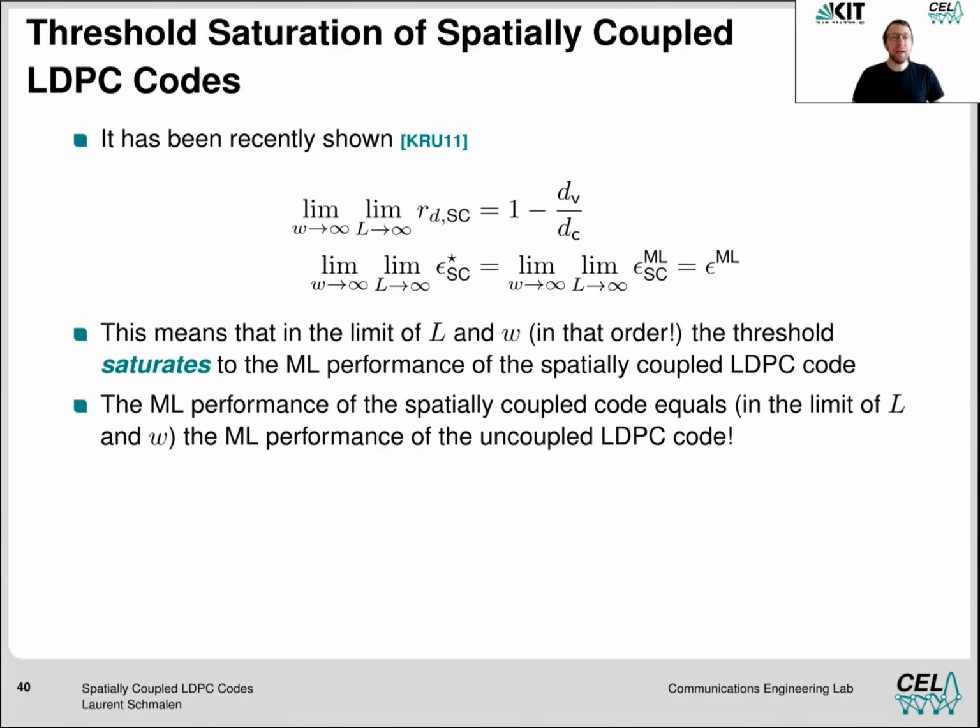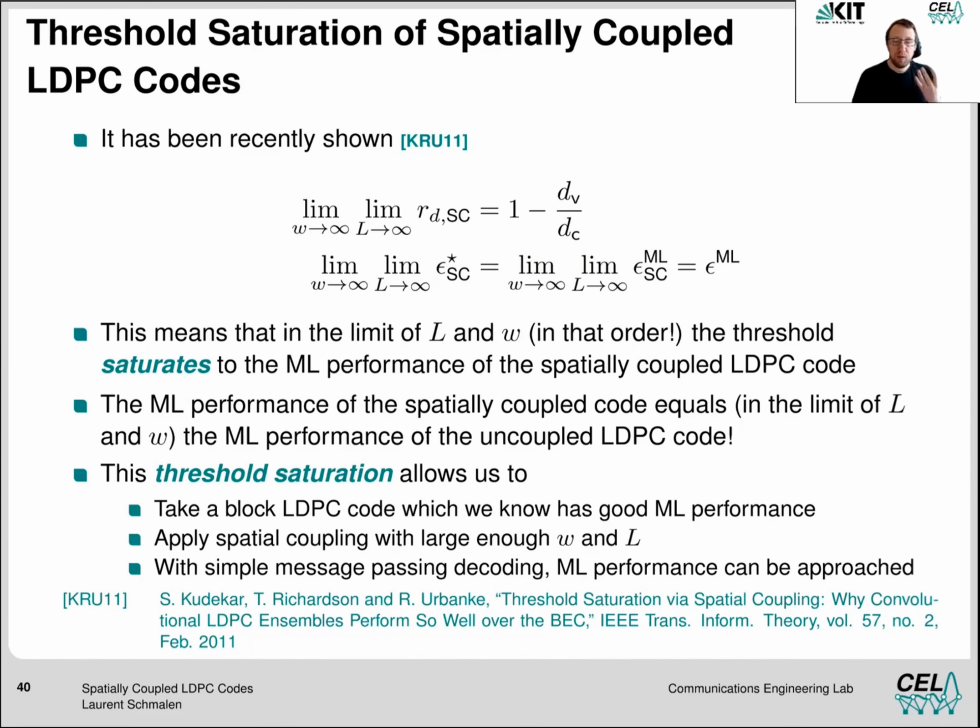It has actually been shown that when these parameters of the code, W and L, go to infinity, this threshold of the spatially coupled codes converges to the maximum likelihood performance of the underlying LDPC code, which is pretty nice. So we can achieve maximum likelihood performance with a very simple decoder.